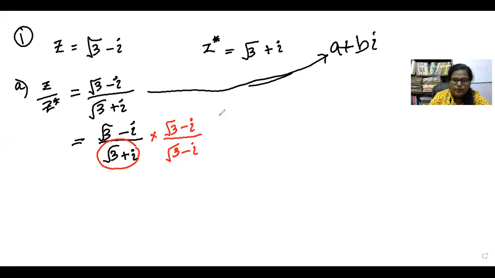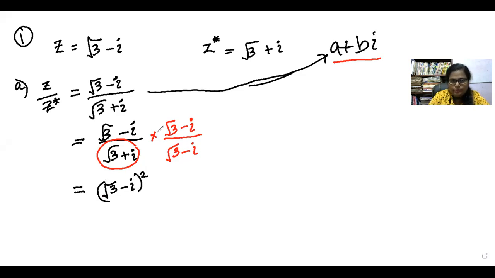So because we are doing this simplification for making the complex number in this format, right? So we'll see how to simplify this one. So you can see in the numerator, you have square root 3 minus i to the power 2, right?